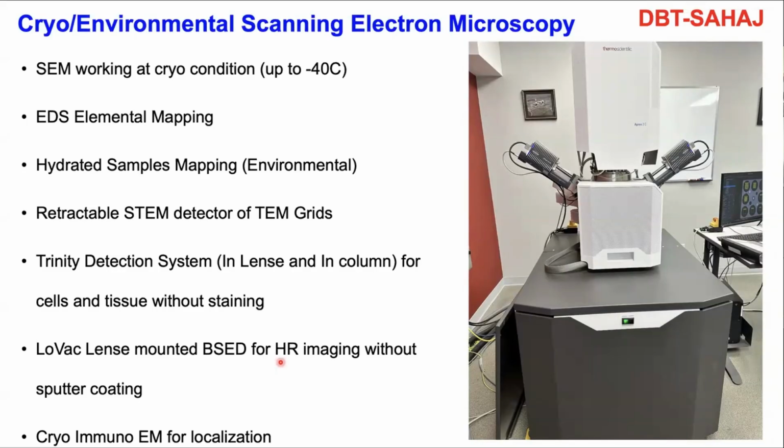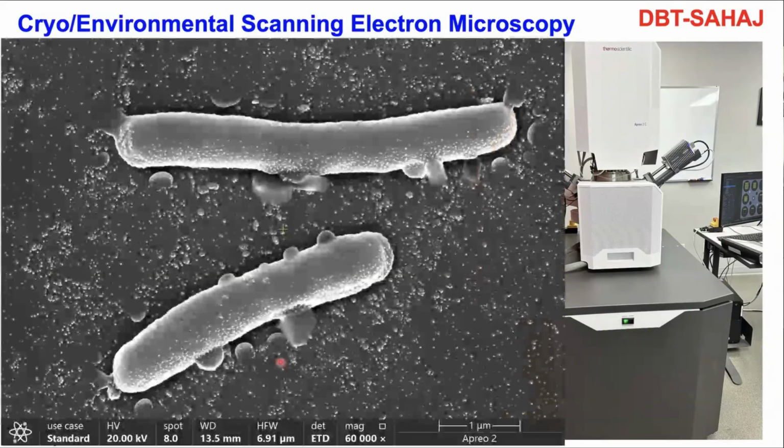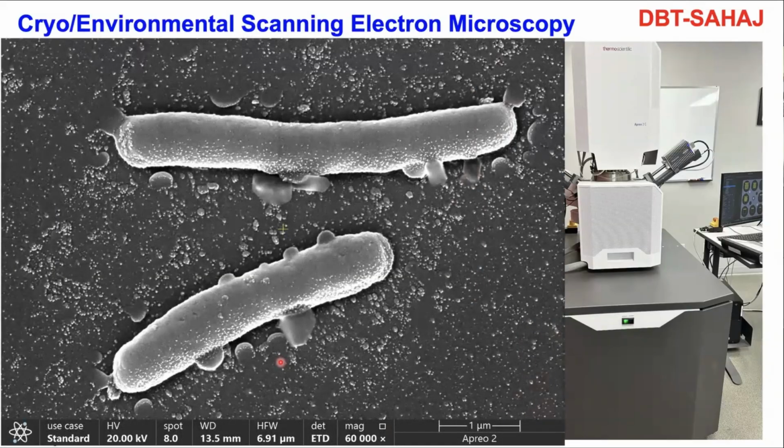If you look at the recent advancements in imaging, the images of bacteria are very prominent and well resolved. You can even see small vesicles on the surface of these bacteria.